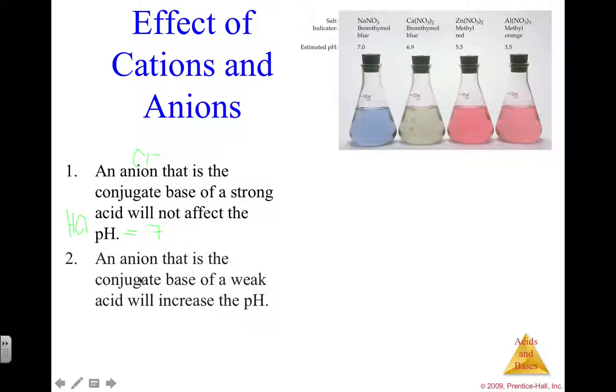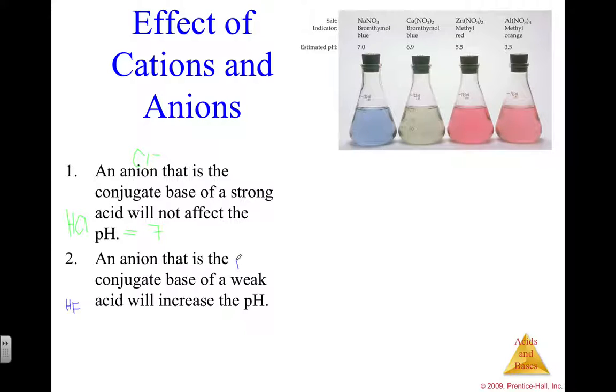Number 2, an anion that is the conjugate base of a weak acid will increase the pH. What does that mean? Will increase the pH, making it more basic. So an example, the anion that is the conjugate base of a weak acid. What's a common weak acid? HF. What is the anion that is the conjugate base of this weak acid?